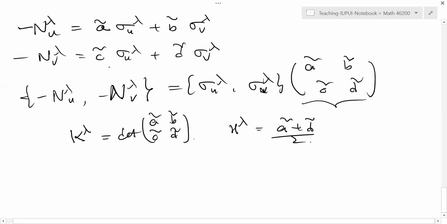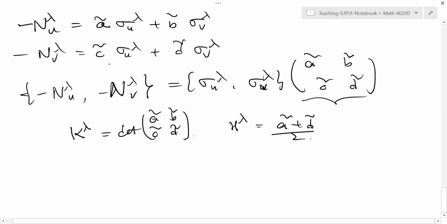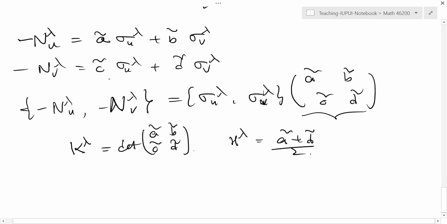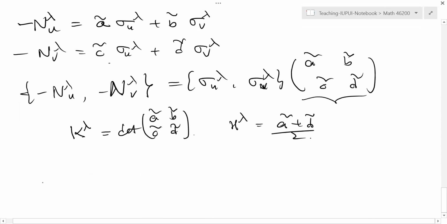But we can compare with the original. How do I do that? Because I already computed this, n lambda is the epsilon n for lambda. So I got epsilon n u, negative epsilon n v.